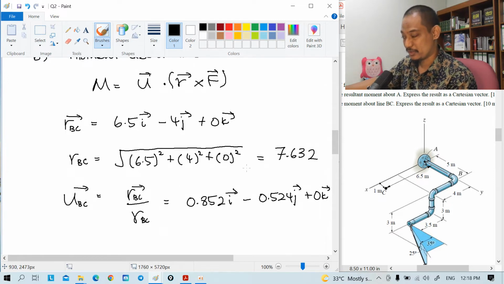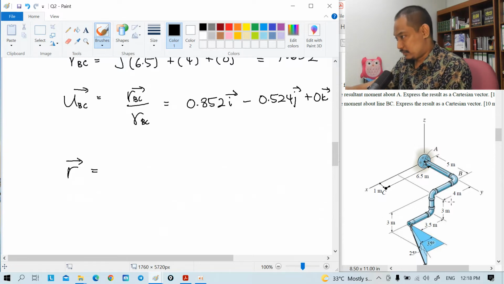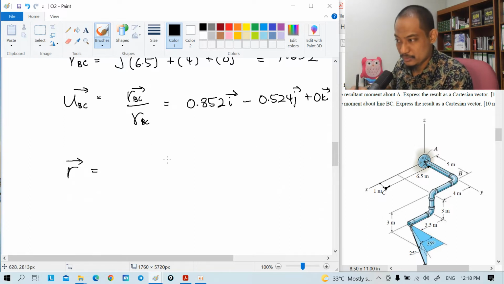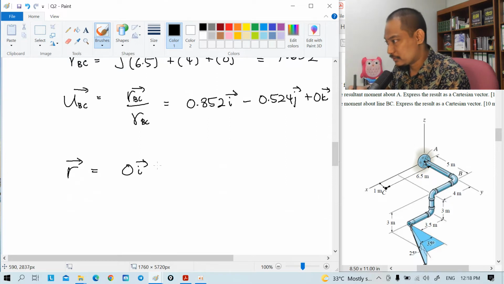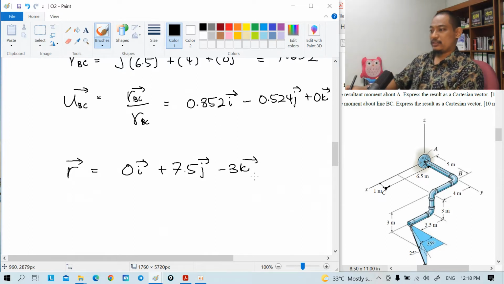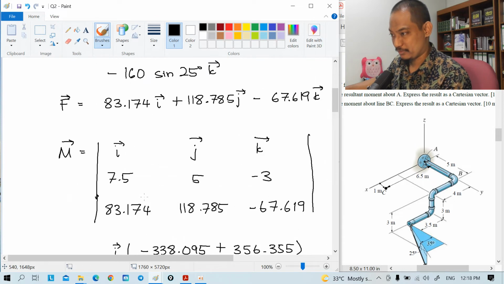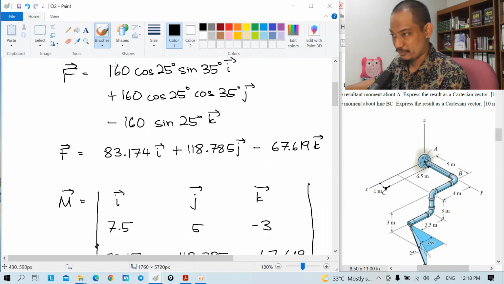So let's use B. So the R vector is 0 i plus 7.5 j minus 3 k. That's R. And F is as before.